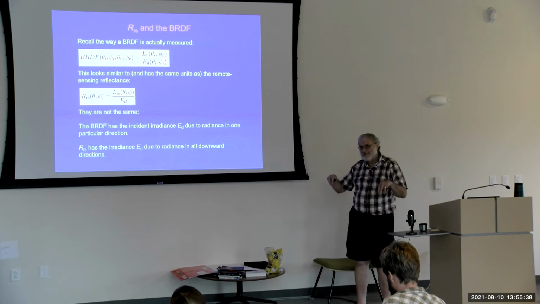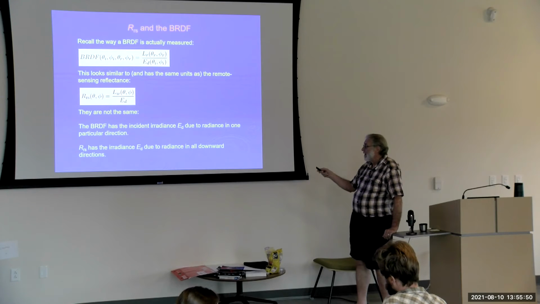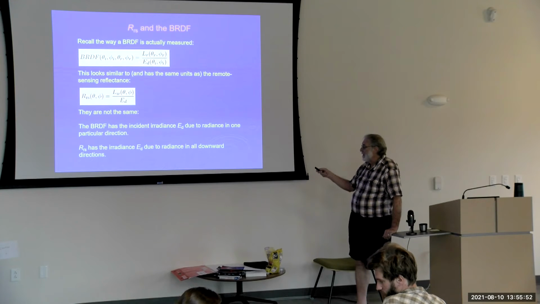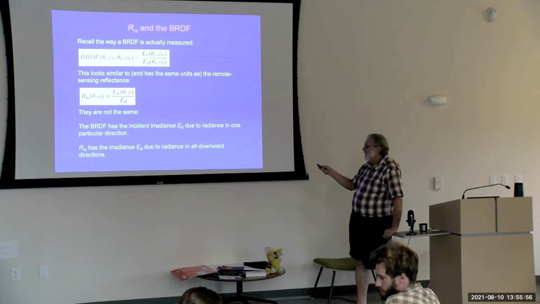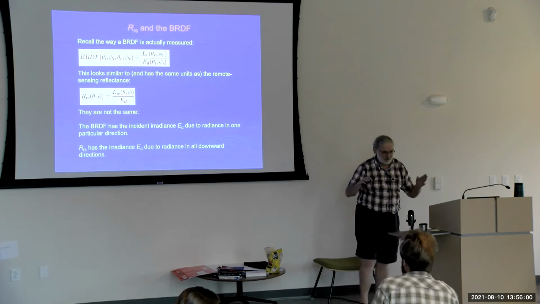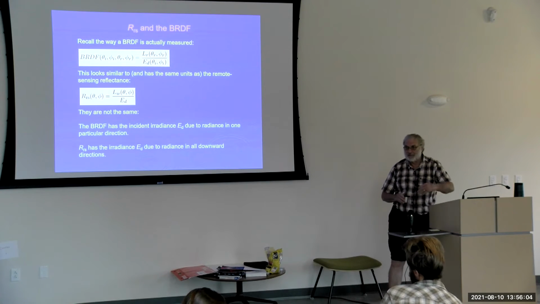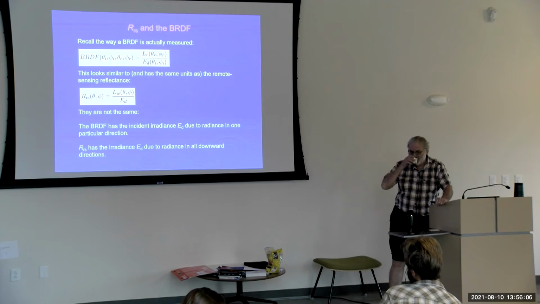They're not the same thing, because when you go outside and make an R_rs measurement, you're getting E_d from all sky directions, and you're looking at the water-leaving radiance in one direction. Here, you're getting E_d, the contribution to the total from one particular direction, and you're looking in one particular direction. So they have the same units. Conceptually they look the same, but numerically those will be different quantities.